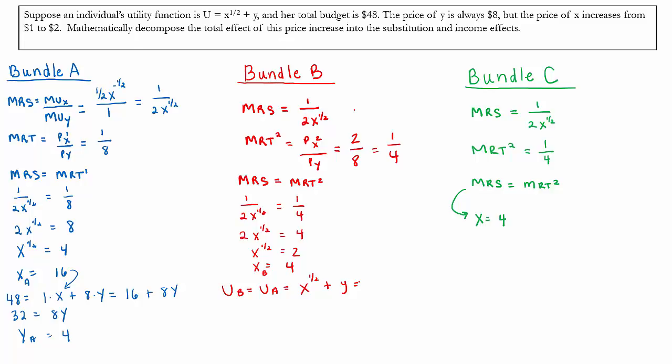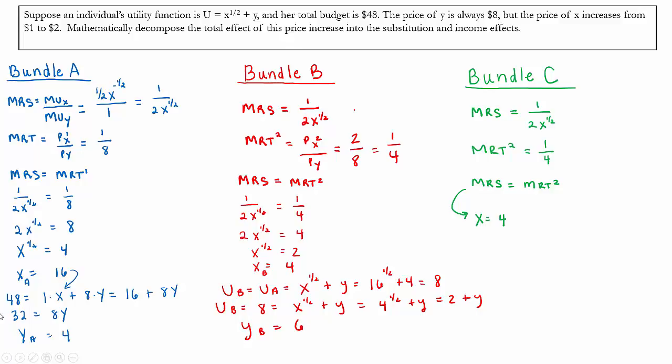So for Bundle A, utility is 16 to the 1/2 plus 4, which equals 8. That means the utility from Bundle B also equals 8. X to the 1/2 plus y is now 4 to the 1/2 plus y, which is of course 2 plus y. So now we solve for y to get that y must be 6.